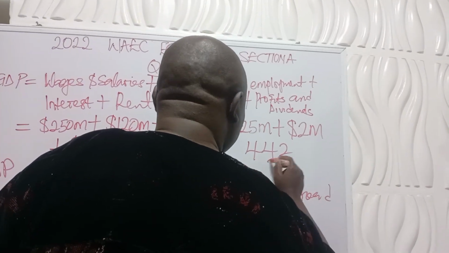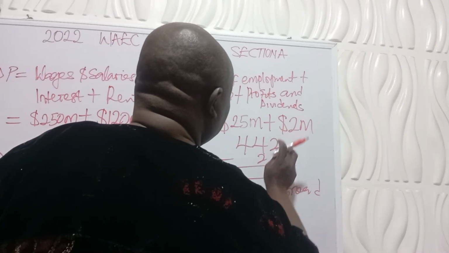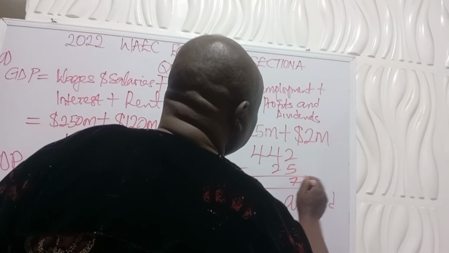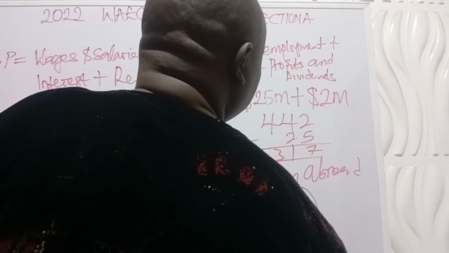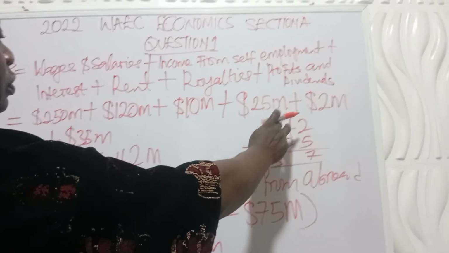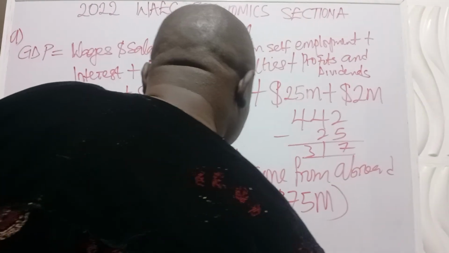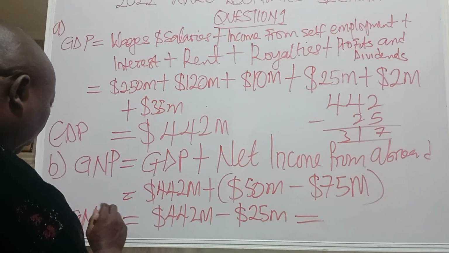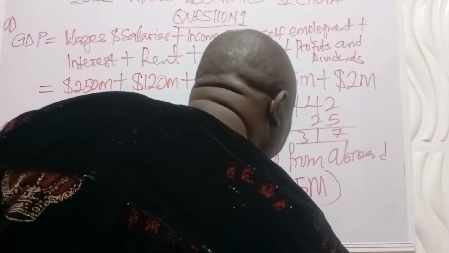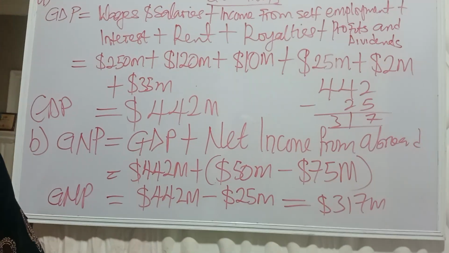So subtract it from 442. Minus 25. The value for our gross national product is $317 million.